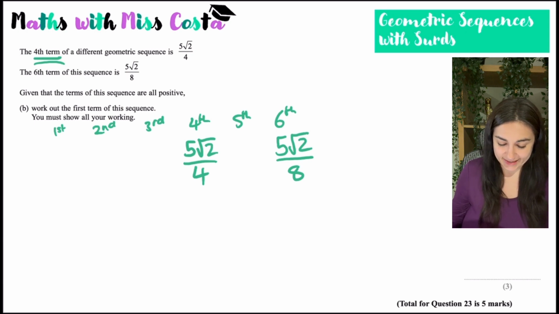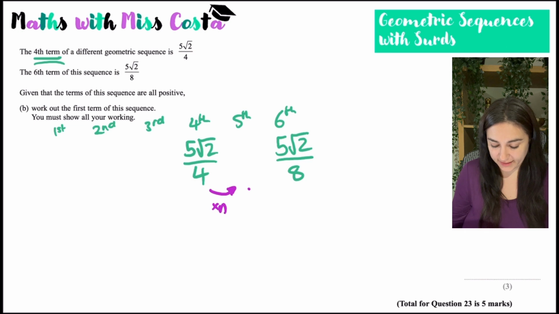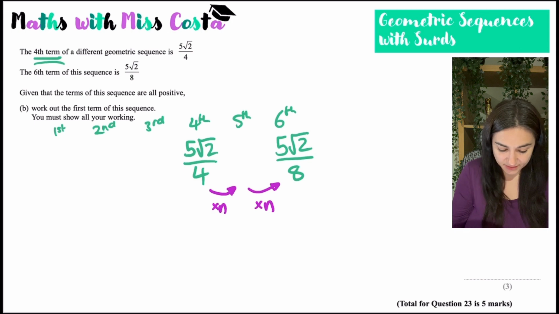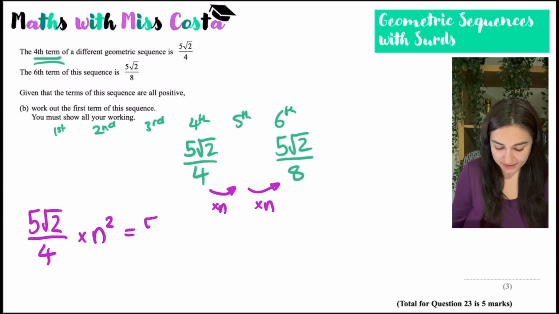So once again, I need to think to myself, what have I multiplied this by, and then multiplied by again, in order to get to the sixth term? So 5 root 2 over 4 times n squared gives me 5 root 2 over 8.